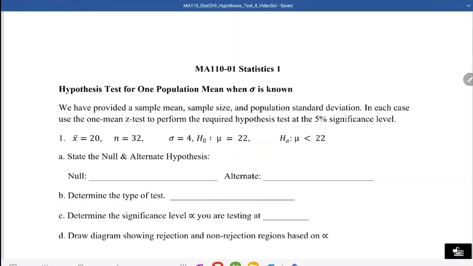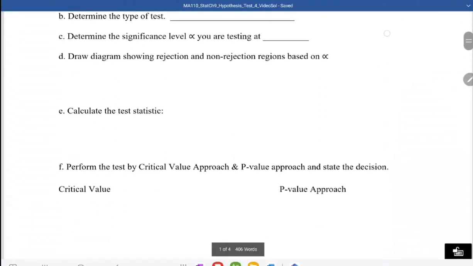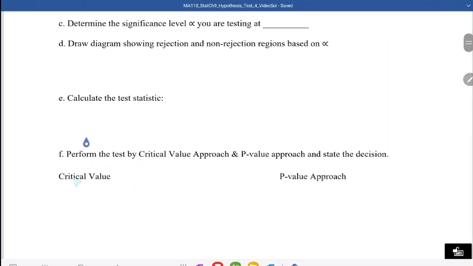Now here we will perform a hypothesis test from scratch, from the start, by stating the null and alternate hypothesis. Then we'll have to figure out what kind of test this is, and then we will have to use both the critical value and the p-value approaches.